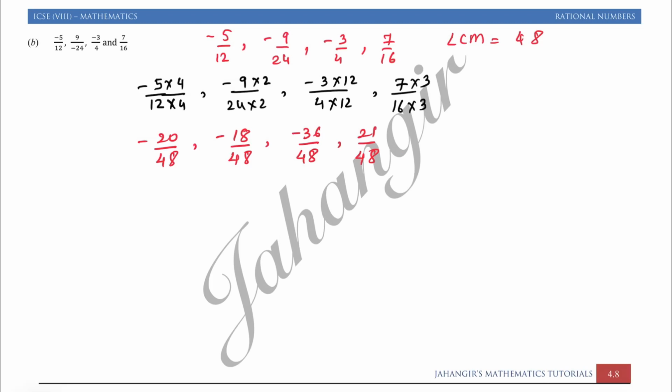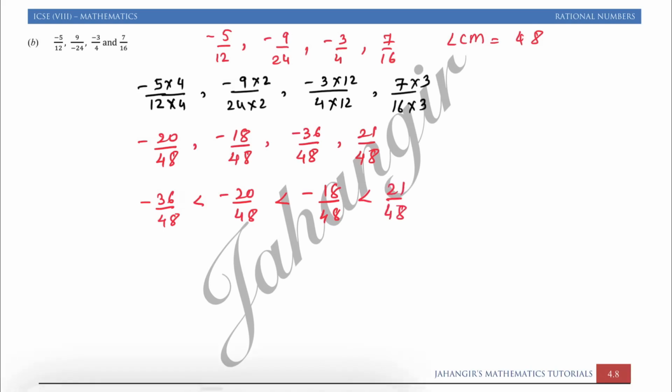So as we know, among negatives, whatever is the bigger number is actually the smallest one. So we will take minus 36 by 48 as the smallest number, followed by minus 20 by 48, then minus 18 by 48, and then lastly the positive number 21 by 48.